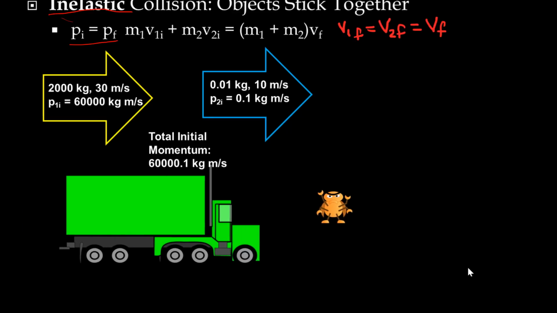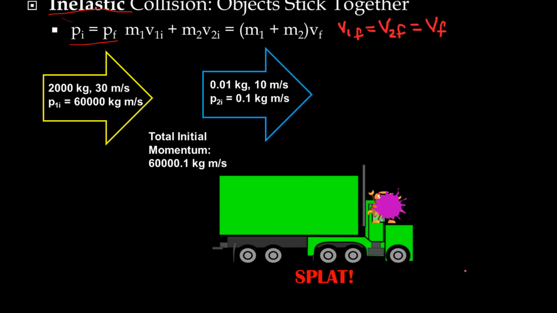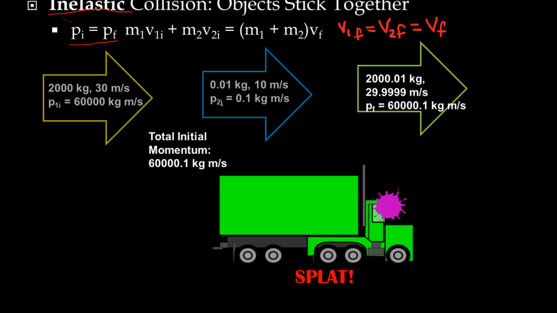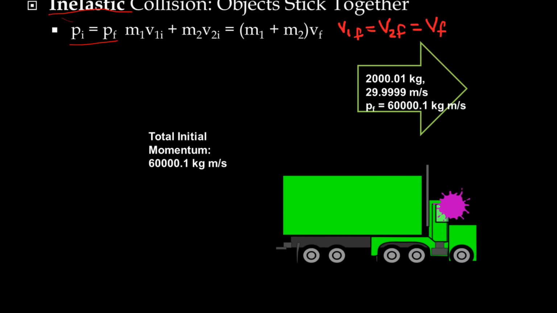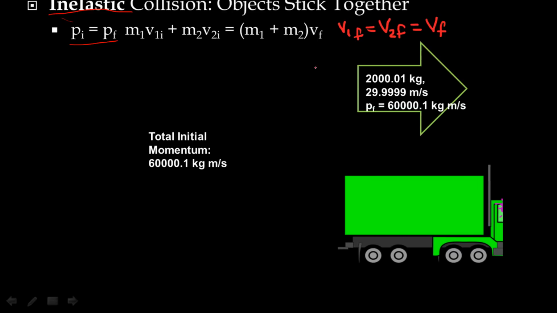Let's let them run along. After our collision, our two objects are definitely stuck together. Our two initial momentums will be added into our final momentum as the truck continues down the road. Our final mass is the sum of our truck mass, 2,000 kilograms, and our bug, 0.01 kilograms, so it's 2,000.01 kilograms.